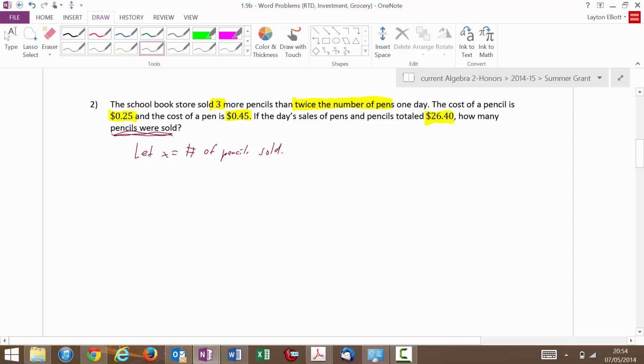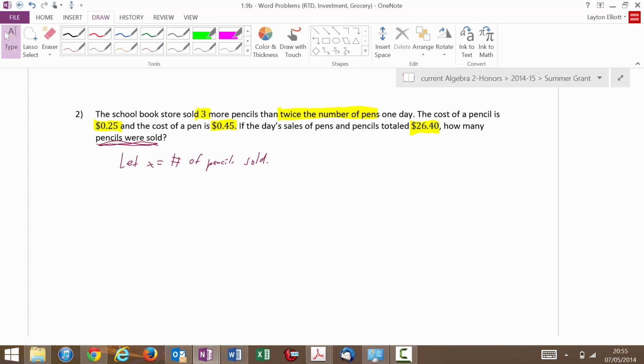Now, I also want to know how many pens were sold. It says it sold 3 more pencils than twice the number of pens one day. This is a little bit of a tricky phrase to dissect. If I take twice the number of pens, I'm going to sketch this down as 2p, and then if I add 3, that should be the number of pencils.